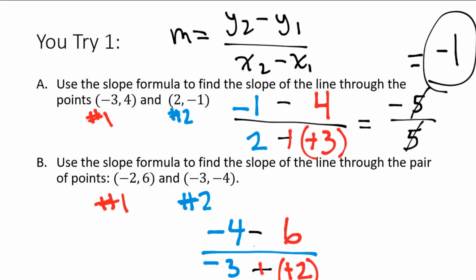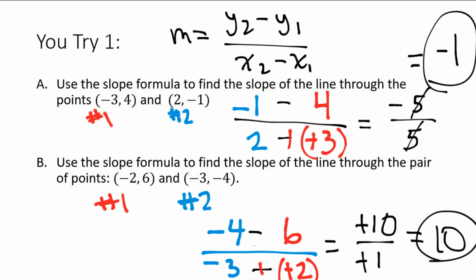Well, these will cancel out, and I'll get negative 4 minus 6 is negative 10, over negative 3 plus 2 is negative 1. Okay, my minuses are going to cancel, and I'll be left with a slope of 10. Whoa, that's pretty big. Slope of 10 is really steep.